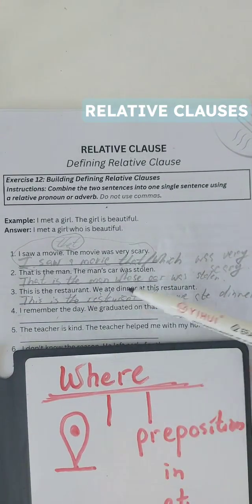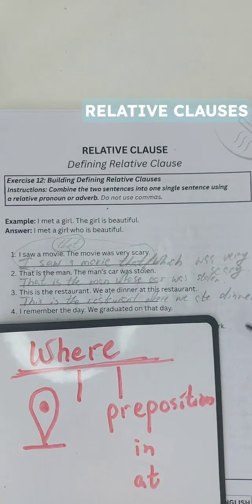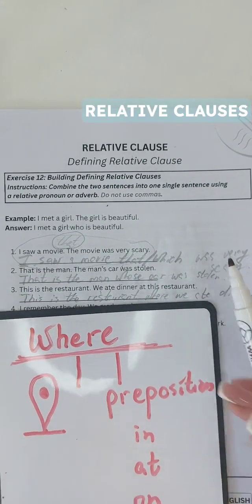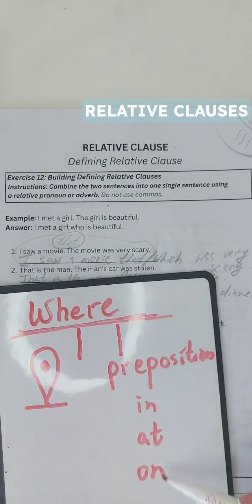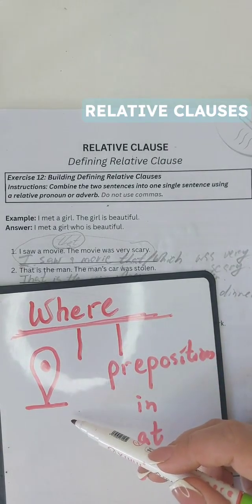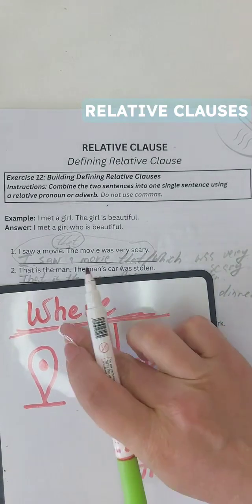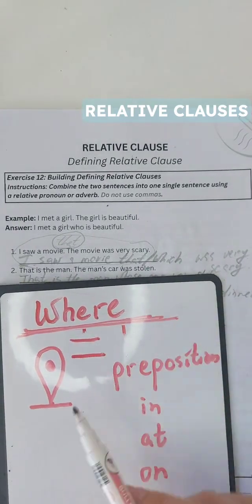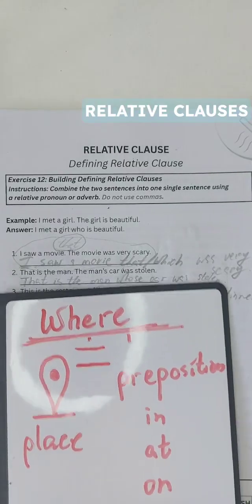So this is the restaurant where we ate dinner. We don't need preposition anymore, okay? Because where already replaces preposition and the place. So again, where equals place and preposition, okay?